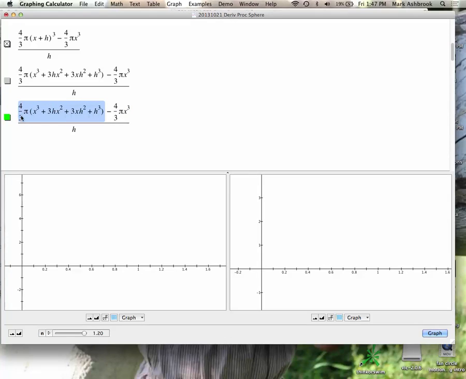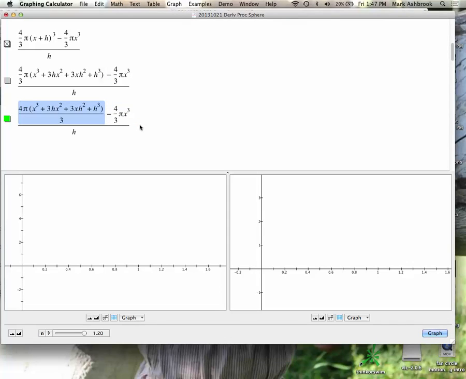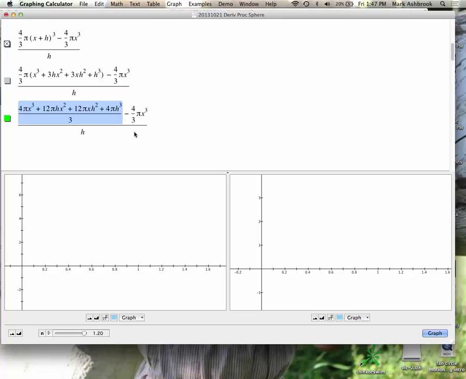Okay, so here again, we've got 4/3 pi times that whole thing. I think it's simplify. No, that's not what I wanted. Undo that. Is it expand again? Yeah, there we go. So then I just multiplied the 4/3 pi into all the terms.